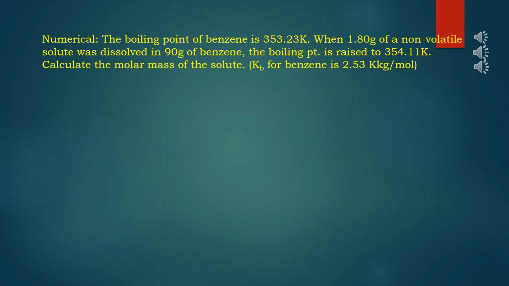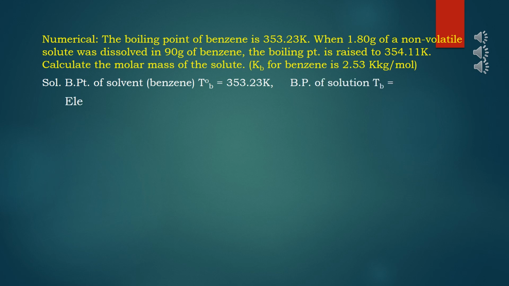So in this numerical, the solvent is benzene and the solute is an unknown solid whose molecular mass we have to find out. So let's see what is given to us. That is the boiling point of solvent benzene, Tb naught, is 353.23 Kelvin. The boiling point of solution, Tb, is also given as 354.11 Kelvin.